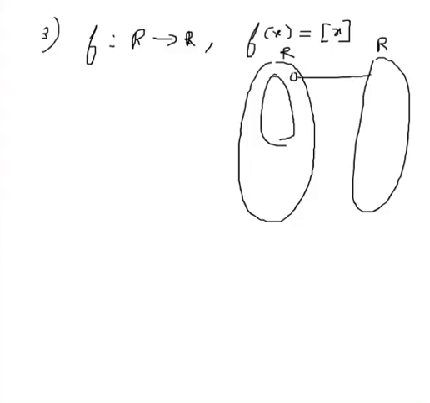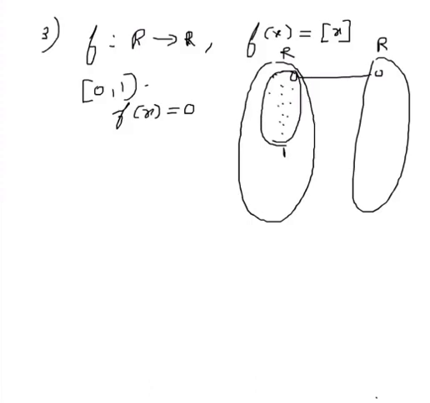For 0, the answer is 0, we know. And for all real values between 0 and 1, excluding 1, including 0, we know that the greatest integer function becomes 0, so f of x in this interval becomes 0.